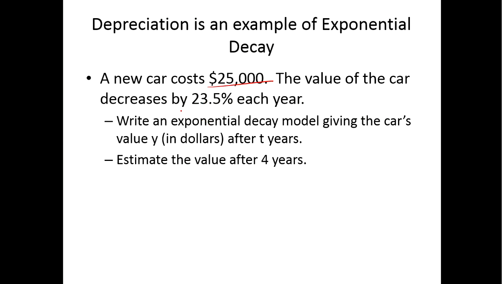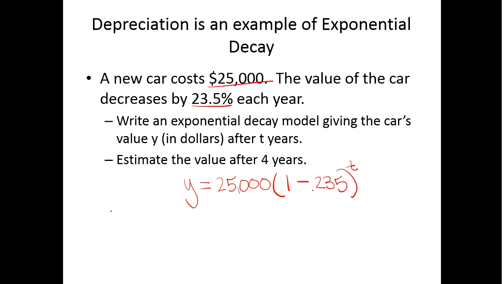So I got 25,000, 23.5%. So it's going to be y equals my initial amount, which is what I'm starting with, 25,000, 1 minus my rate as a decimal, which would be 0.235. And then that would be to the t value, right?